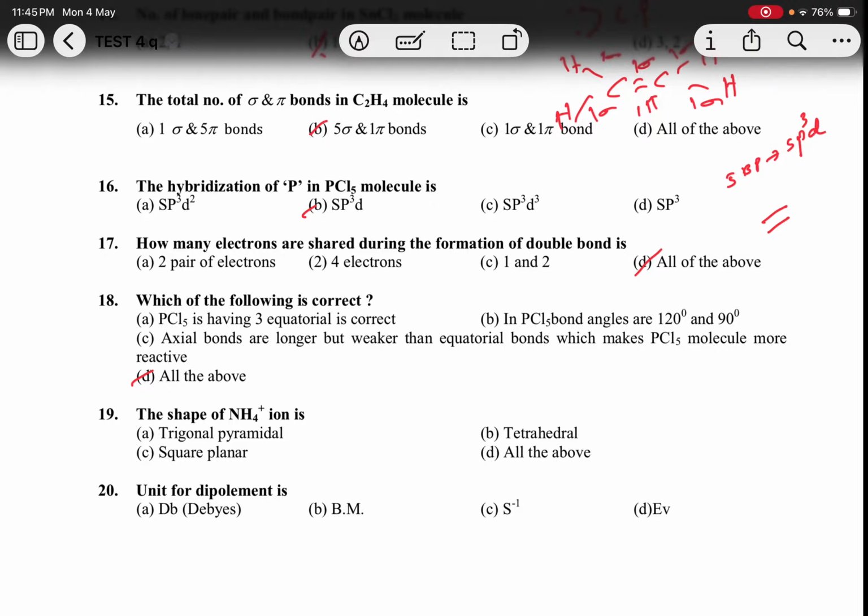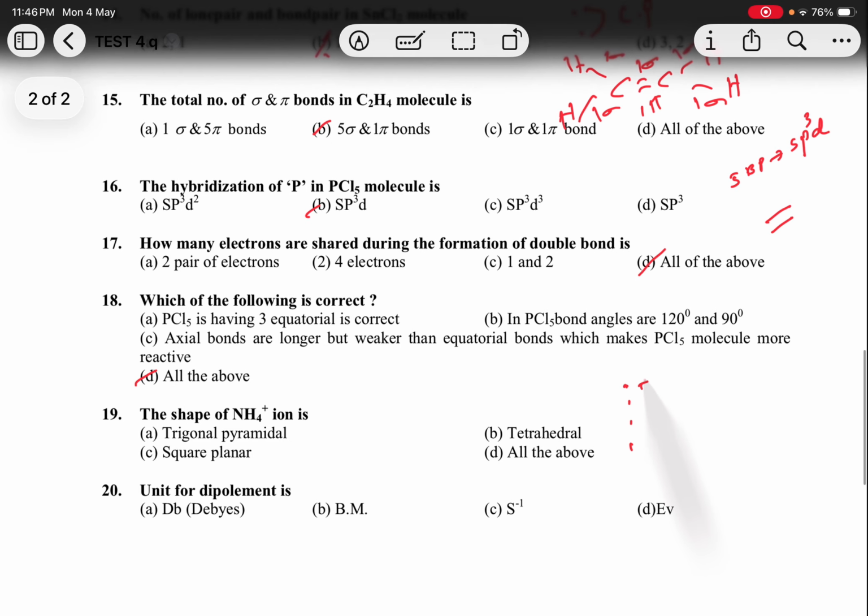Next 19th one, the shape of ammonium ion. NH4 plus: nitrogen belongs to the 5th group. It contains plus charge, meaning nitrogen contains 5 valence electrons and plus means 1 electron will be removed. So 4 valence electrons, 1, 2, 3, 4. These 4 valence electrons form 4 sigma bonds with 4 hydrogen atoms.